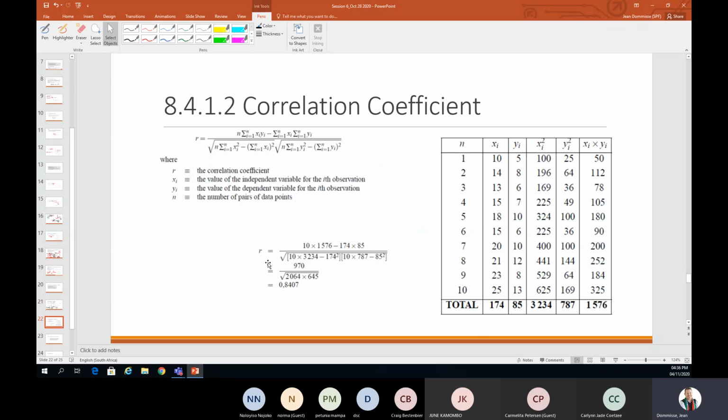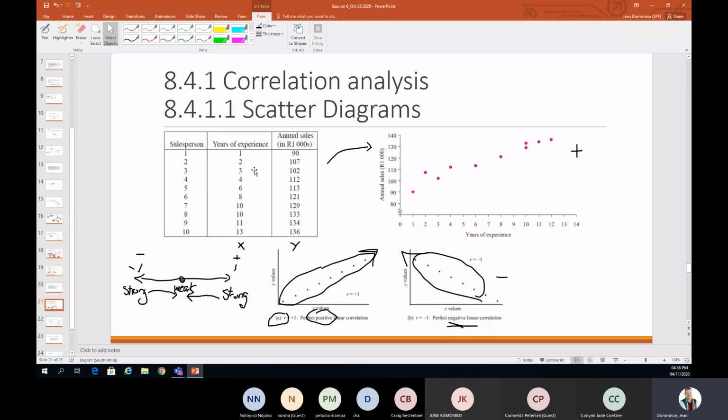Okay, so let's look at the correlation coefficient, and that is why I want to show you two things. If I give you the data, then you use your calculator, because then there is nothing else that you can do. Use your calculator or use Excel.